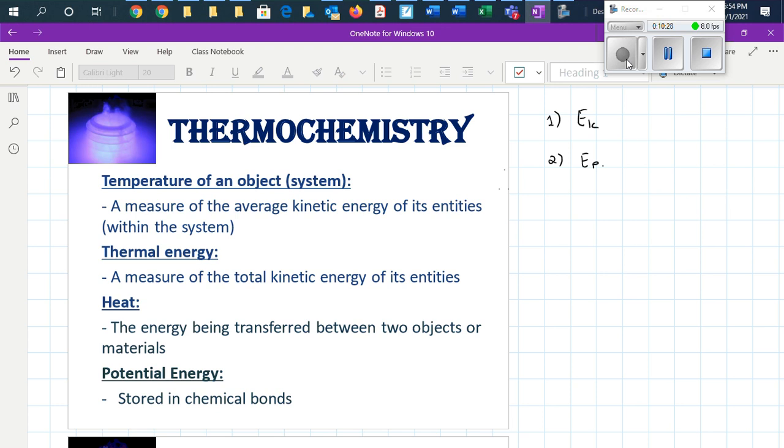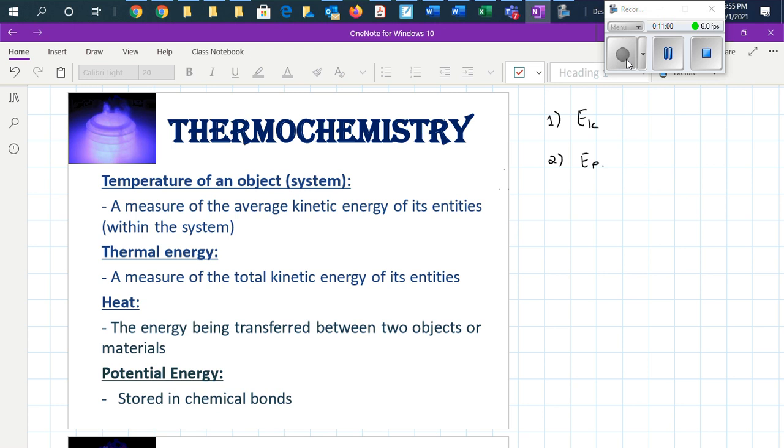If a system or an object has a high temperature, is hot, is becoming hotter, then the kinetic energy of the object or of the system is increased. And if the object is becoming cooler than before, then the kinetic energy of the object or of the system is decreased.